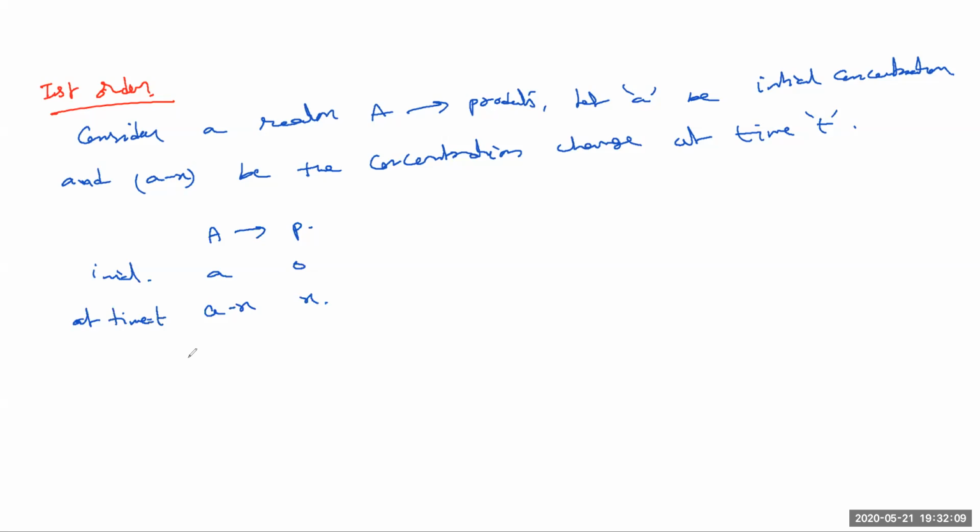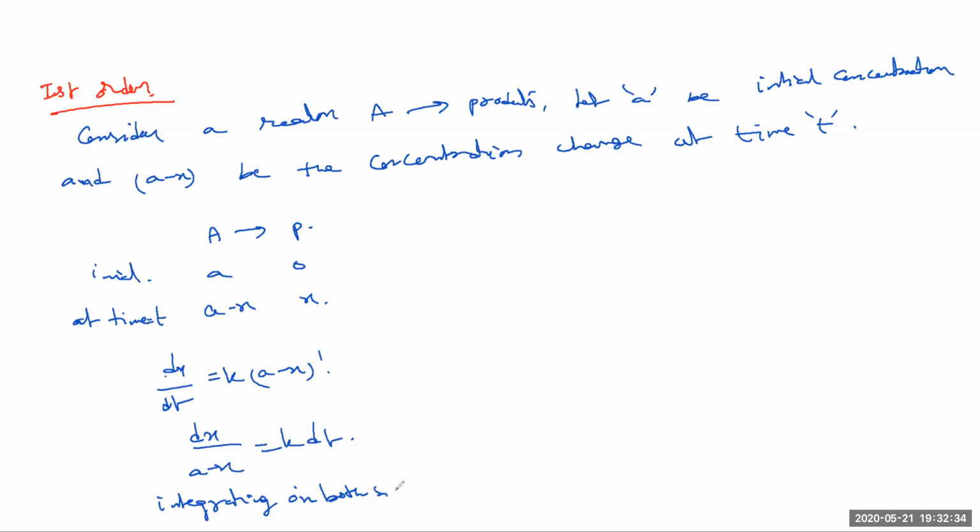Now applying the law of mass action, the rate, that means dx by dt, is equal to constant k into a minus x whole power 1, right? So dx by a minus x is equal to k into dt. Now integrating on both sides: integration of 1 by x is log x divided by derivative of x.